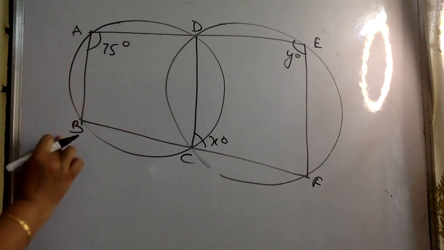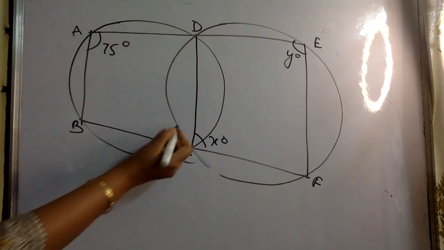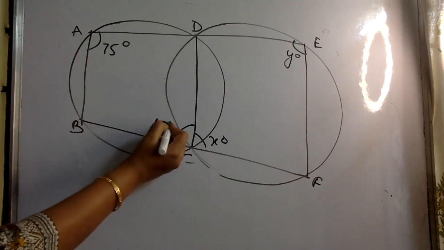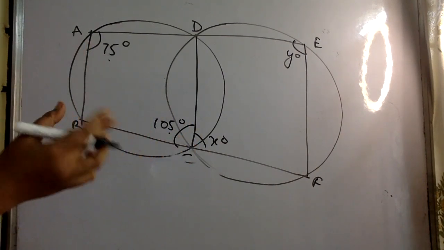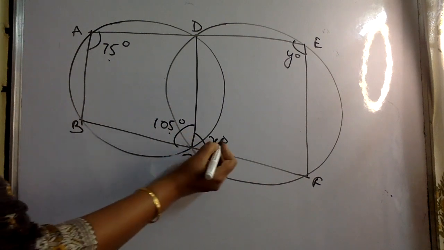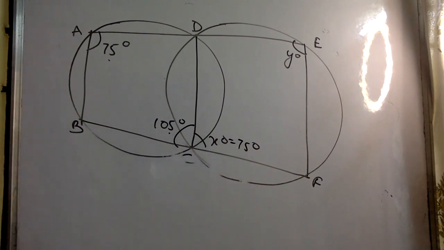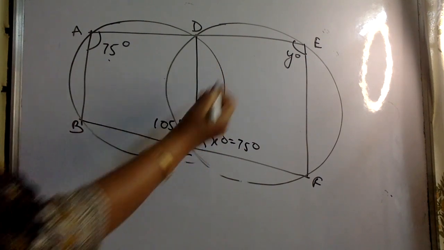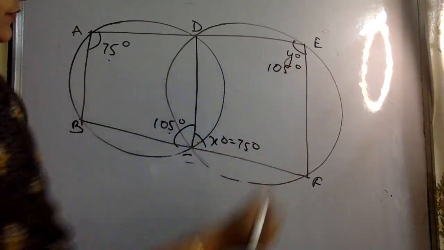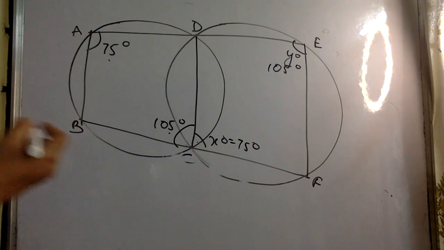We will take ABCD as a cyclic quadrilateral and we'll take this. This becomes 105 because opposite angles are supplementary. If this is 105, this becomes a 75 degree. If this is 75 degrees, then angle Y is again 105 degrees. So how do you write it?